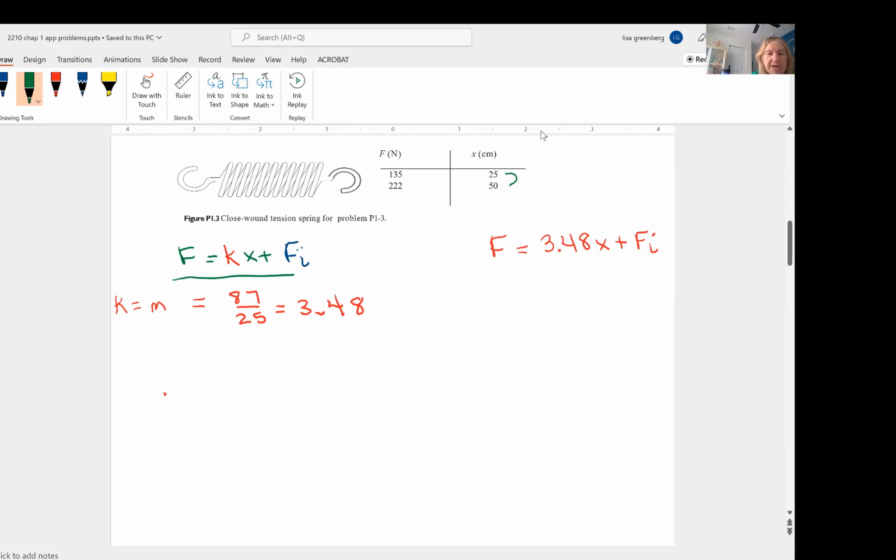And I'll just use the top one. You can use either set of data.